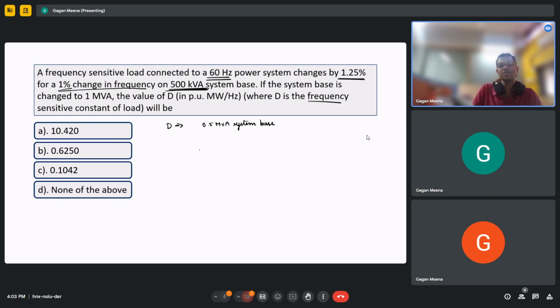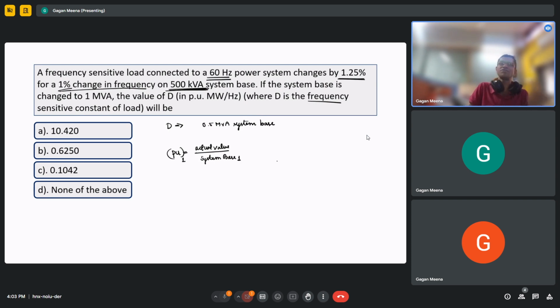So let us see what is the value of D on the old system base first. We know that per unit is equal to actual value, let's say per unit in some system 1, divided by the system base 1.